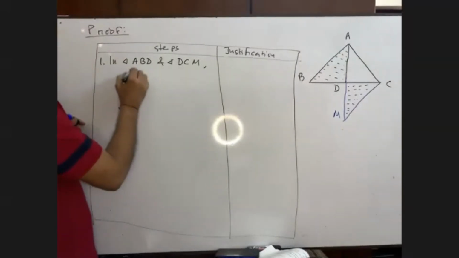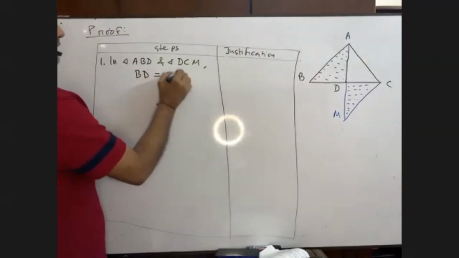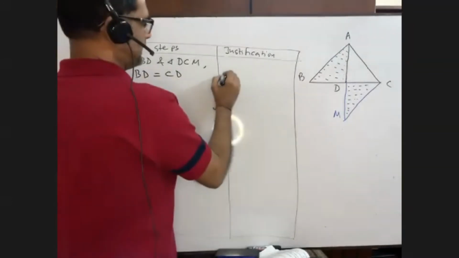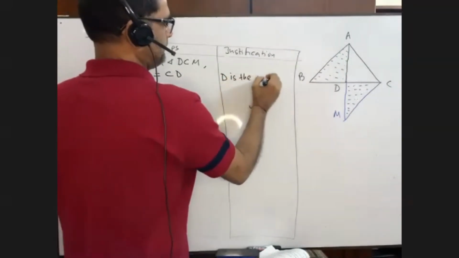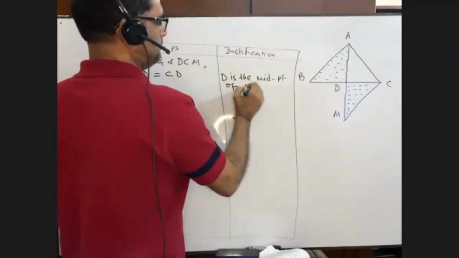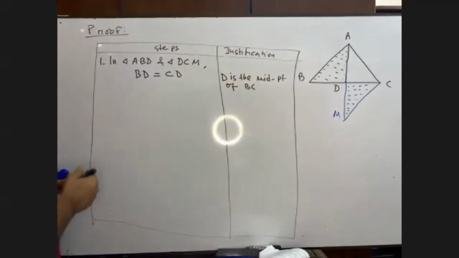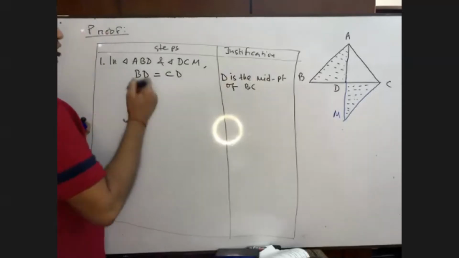Vertically opposite angle. At first, you cannot mention BD equals to CD. Why are they equal? Because sir, D is the midpoint of BC. Write down D is the midpoint of BC. Right? Yes, sir. Then we can write also, AD equals to DM.